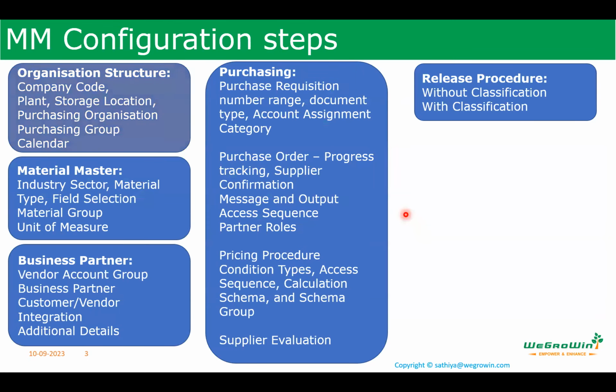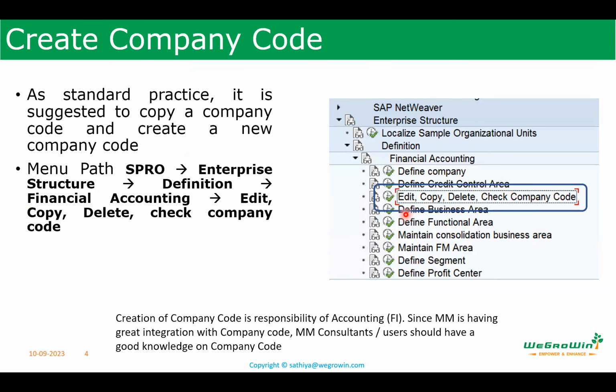Right. Now let us go to the organization structure. In the organization structure, the first step is to create the company code. Normally, who is responsible for creating the company code?